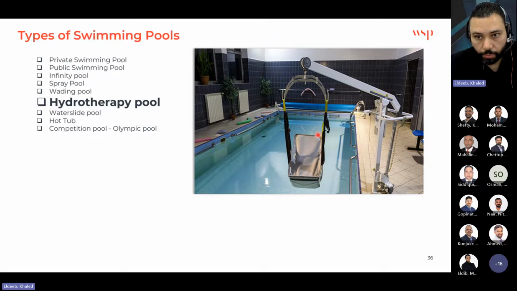So the water in these pools is usually heated and equipped with features that create a therapeutic environment, such as jets, maybe bubbles in some cases, and adjustable temperature to suit a specific case, because even this pool varies from case to case. So depending on the case being treated, there are specs for this one.